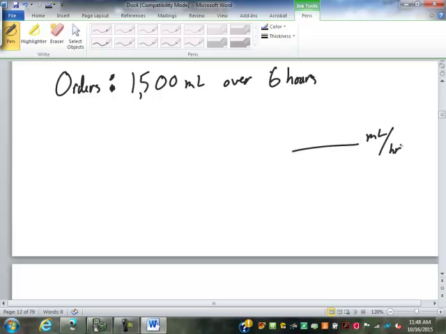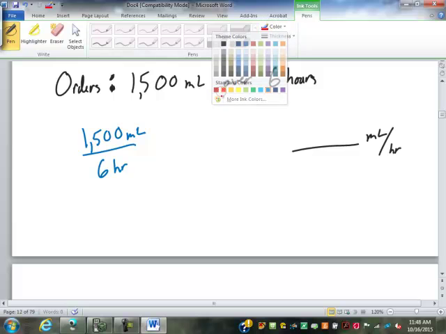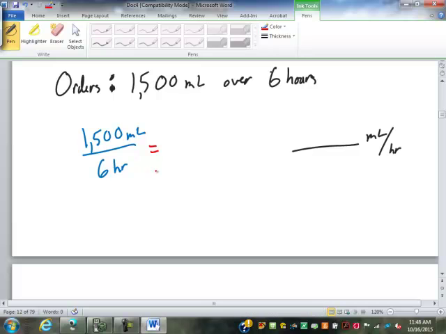In your notes, find the milliliters per hour for me. Okay, this is just a case of dividing it out. 1,500 divided by 6 is 250 milliliters per hour.